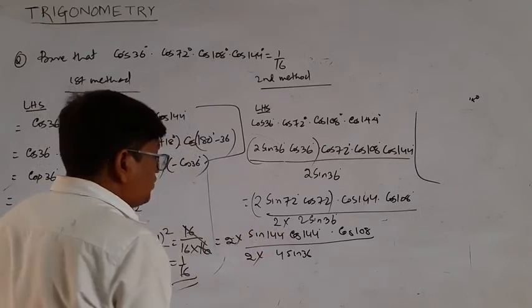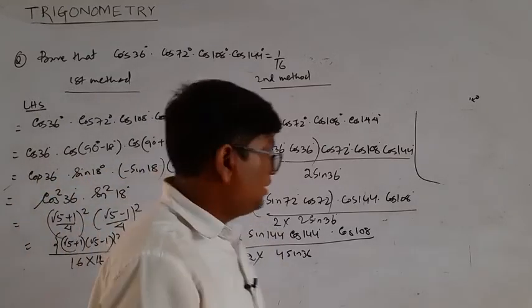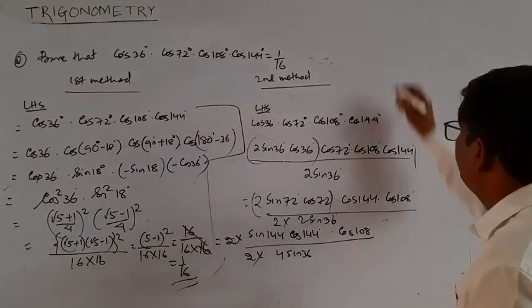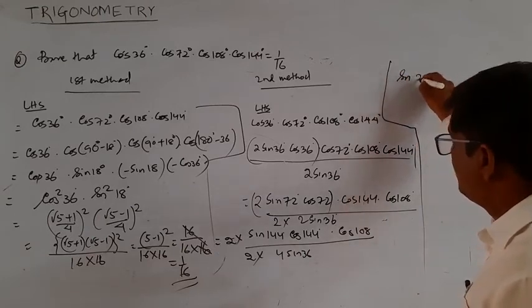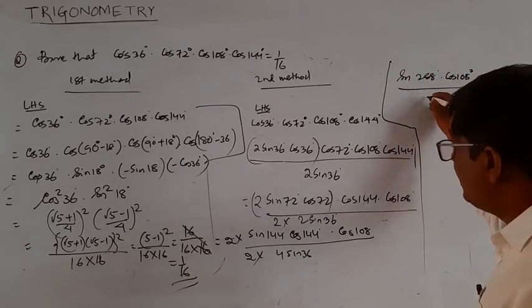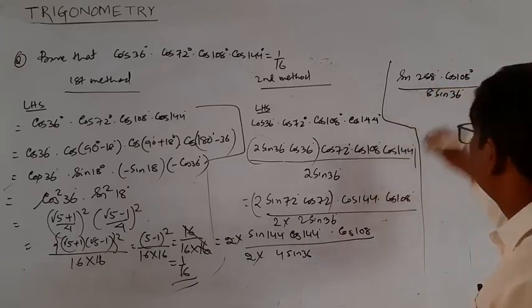So 2 sin A into cos B, sorry, sin 2A. Sin 2A means what? Sin 288 degree into cos 108 divided by 8 sin 36.